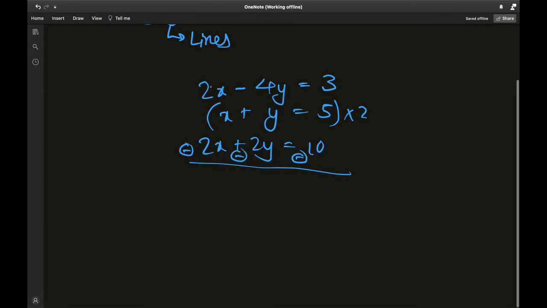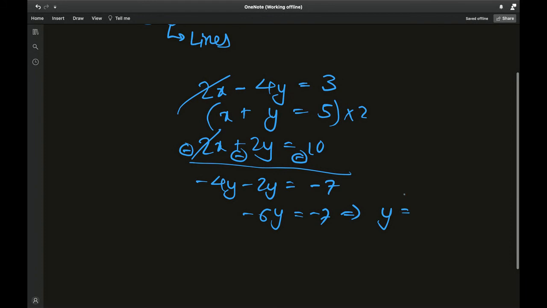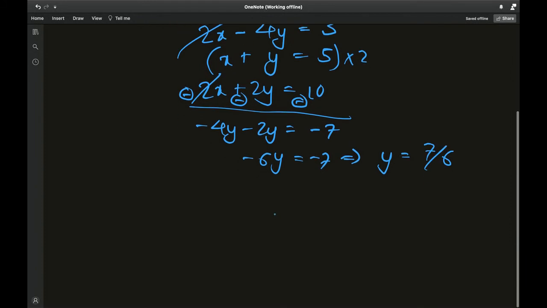So when I do that, the positive 2x and negative 2x will cancel off. We have negative 4y minus 2y is equal to negative 10 plus 3, which is negative 7. So negative 6y is equal to negative 7, which implies that y is nothing but 7 over 6.